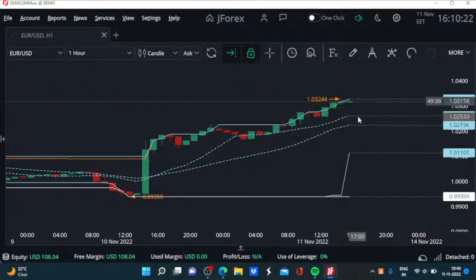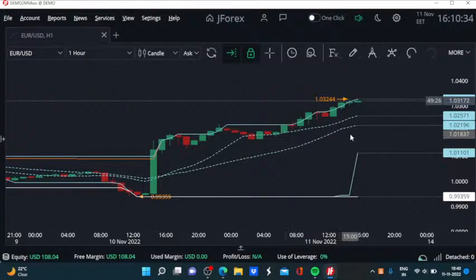So we can expect some shallow dip correction, or the continuation of the bullish momentum without much strong momentum. So that will allow these average prices to then catch up with the currently prevailing price for the underlying instrument. So that's my take looking at this price action data.